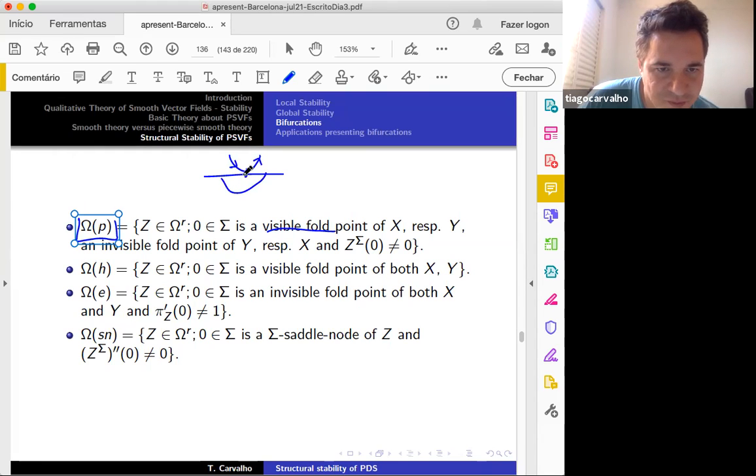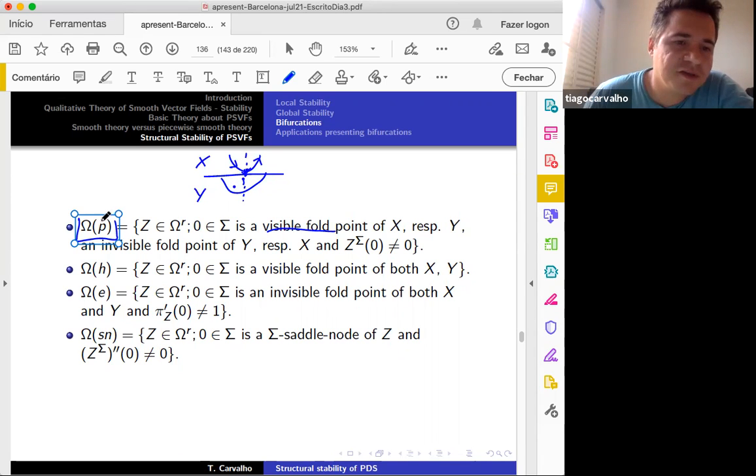Okay, at the same point, the x vector field has a visible fold point, and the y vector field has an invisible fold point. This p is because I call this case the parabolic fold, a parabolic case, okay? Because the picture looks like a parabola, okay?